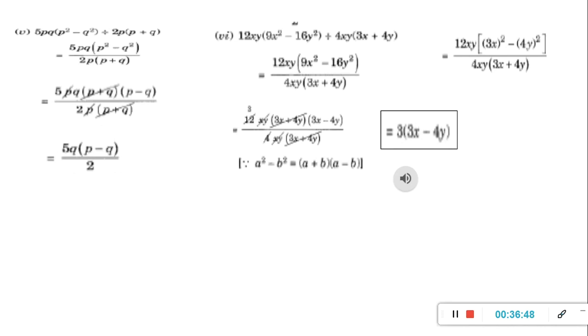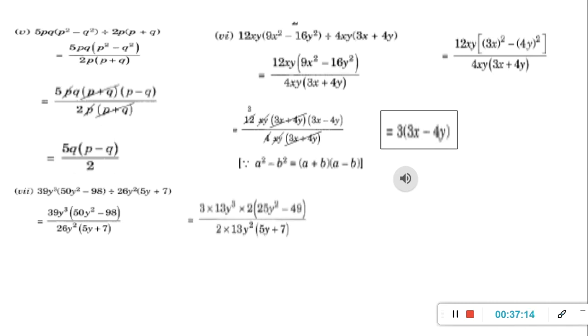Now, seventh question. 39y cube into 50y square minus 98 divided by 26y square into 5y plus 7. Okay. So here 39 can be written as 3 into 13, then into y cube. Now from 50y square minus 98, from that we can take 2 as common.